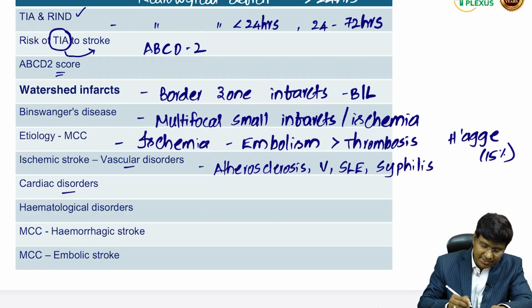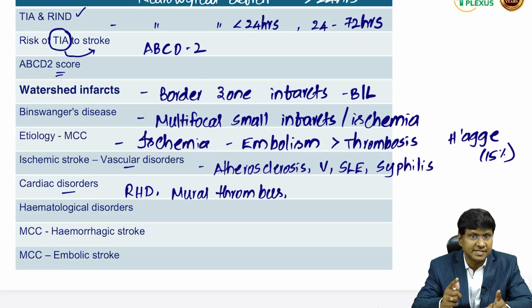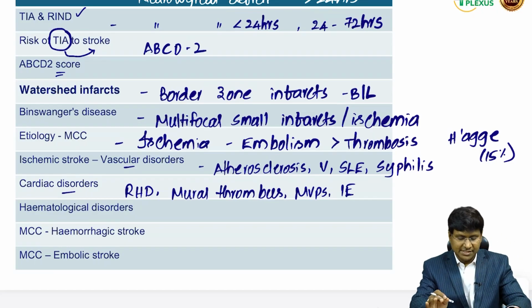The cardiac disorders that can cause ischemic stroke are rheumatic heart disease causing atrial fibrillation, the presence of a thrombus, and that too a mural thrombus can shower emboli into the cerebral circulation. Next, mitral valve prolapse syndrome and infective endocarditis. So these are the cardiac disorders that can cause ischemic stroke.